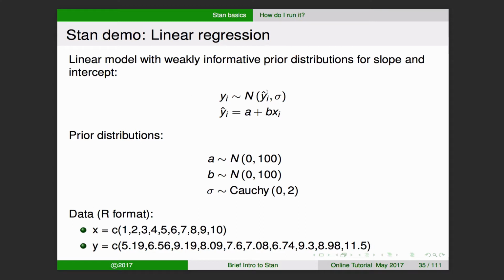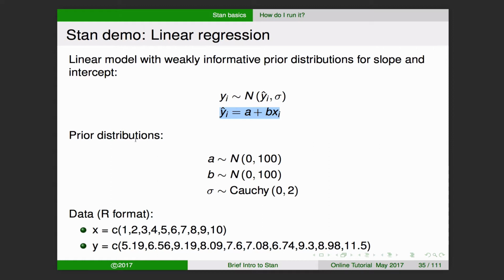So let's suppose we have a set of x's and y's here, our dependent variable being the y's. For each y, yi, that's going to be distributed normal with some mean yi hat and some standard deviation sigma. And that mean, yi hat, is just going to be a straight line function of xi.